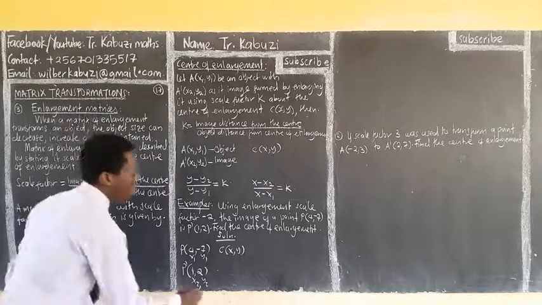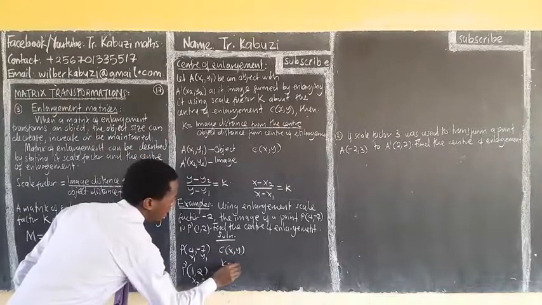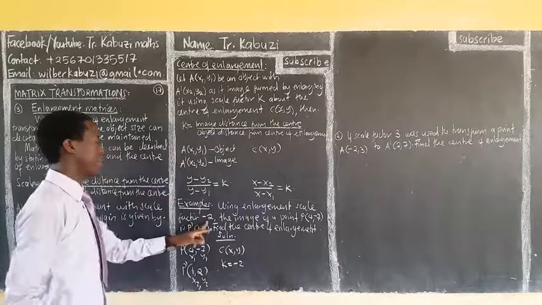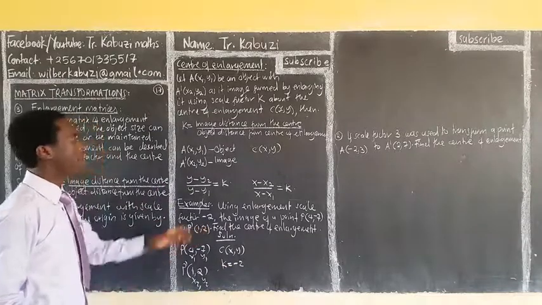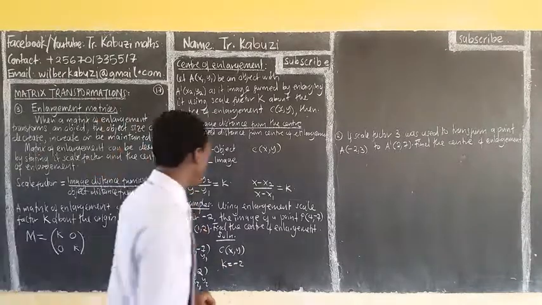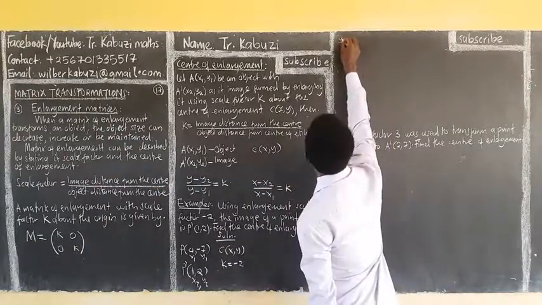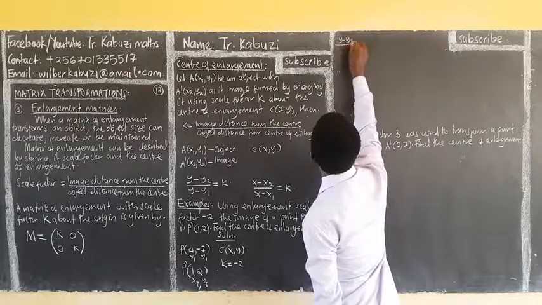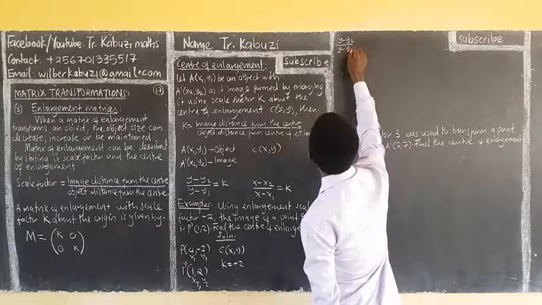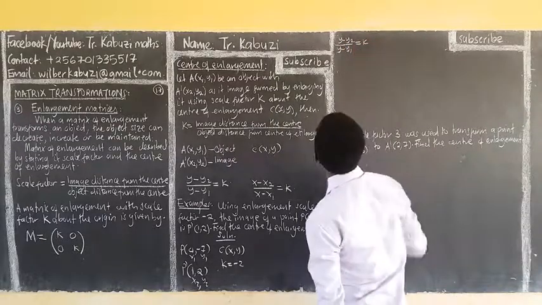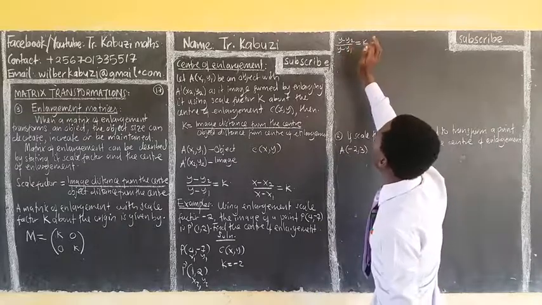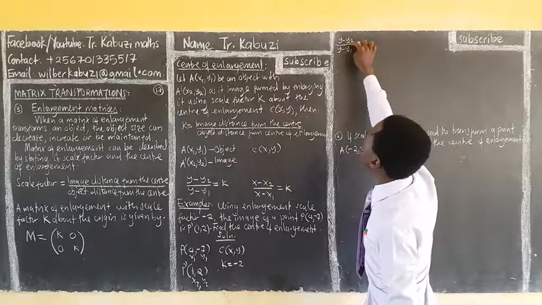Our scale factor k is negative, from the equation. Now we just substitute into the formula. Using this formula, y minus y2 over y minus y1 will be equal to k. This is the y coordinate for the center, and this is the y coordinate for the image.